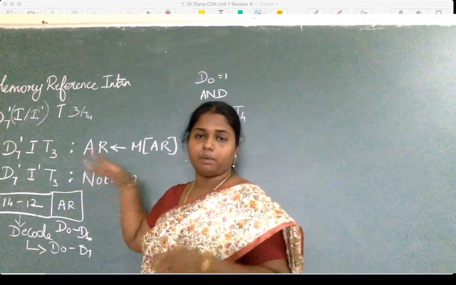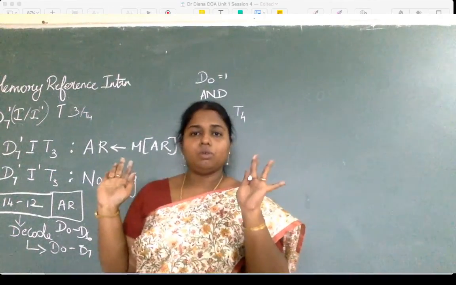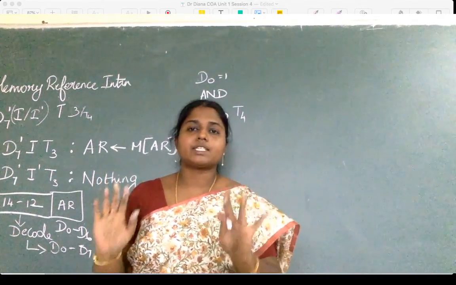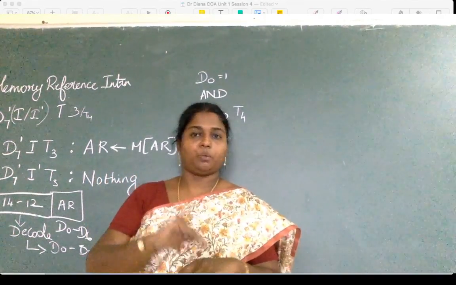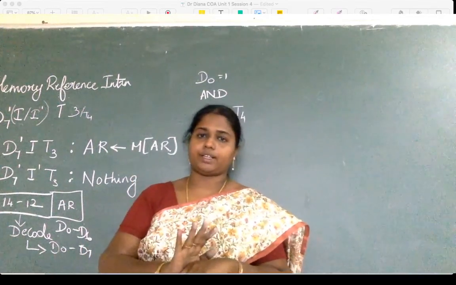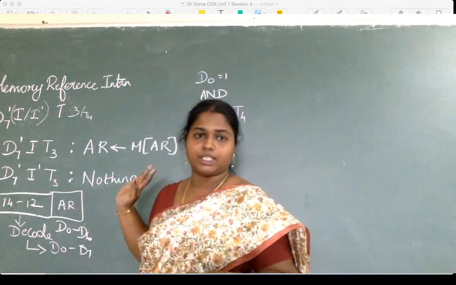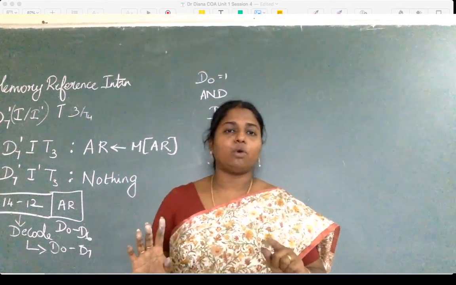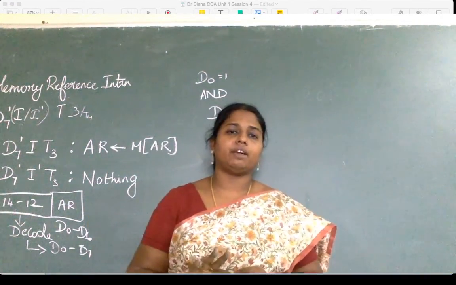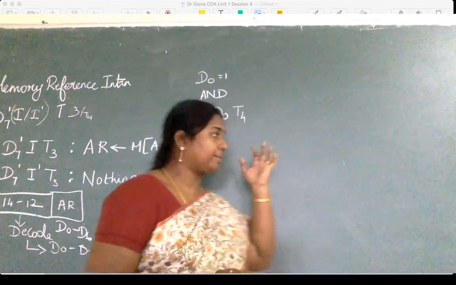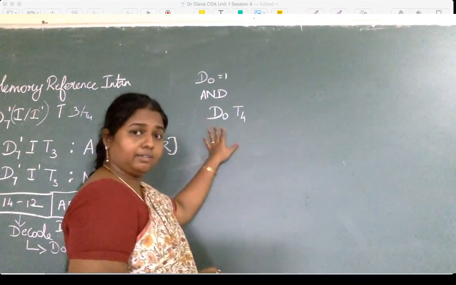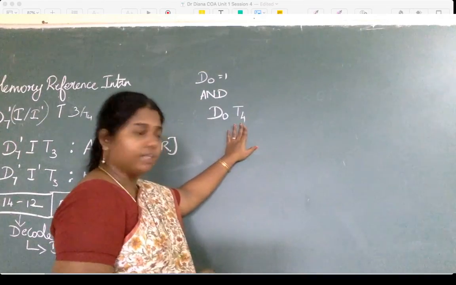So I need not worry about referencing. Now the address of the data is available in the address register, whether it is direct or indirect access. I have completed that aspect at time cycle T3 itself. At time cycle T4, I can directly read the data from the address in AR.